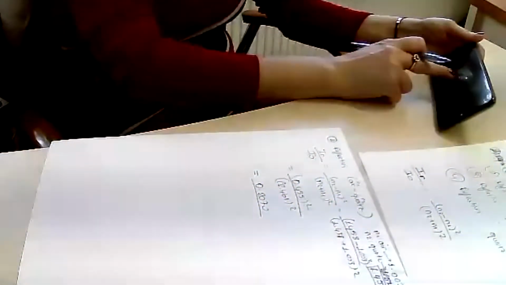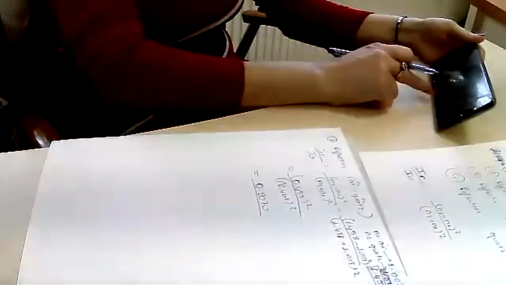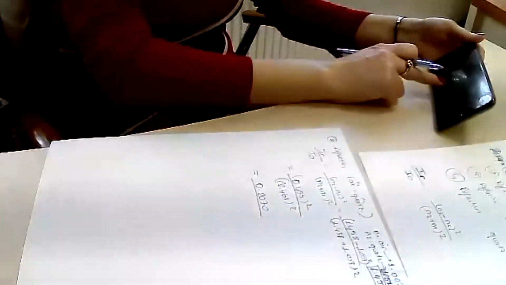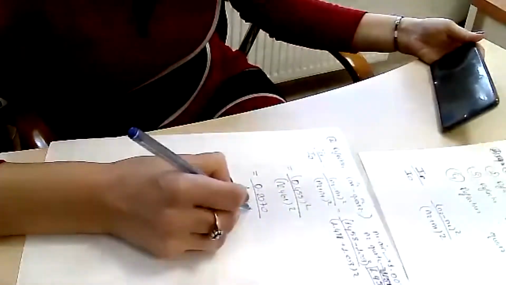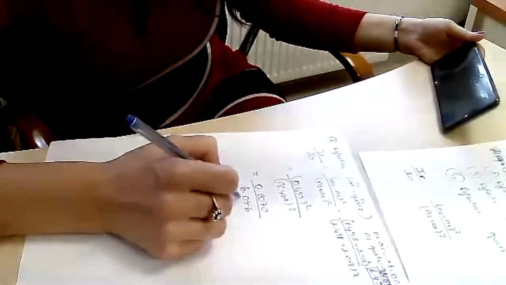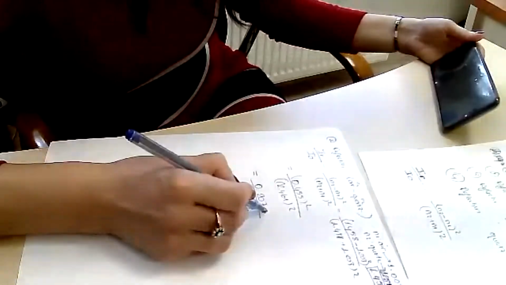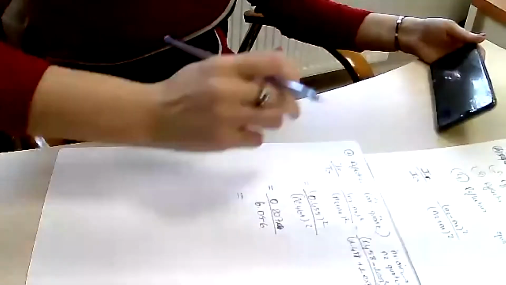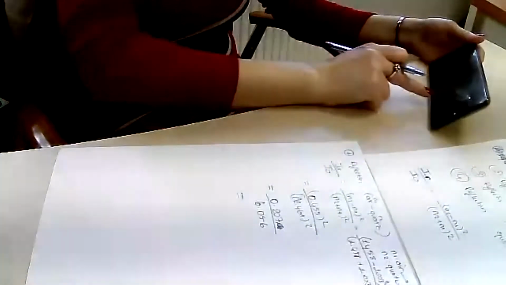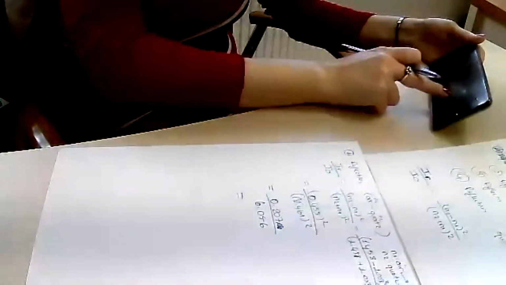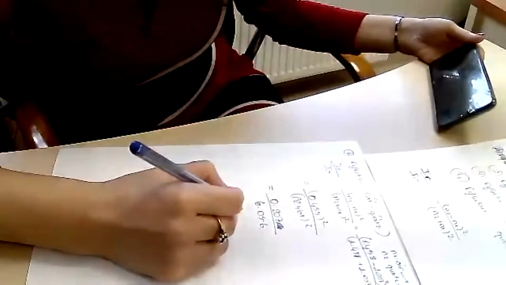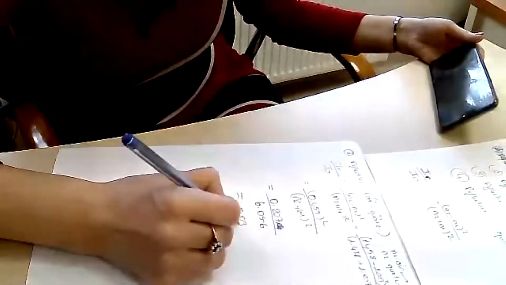Two point 461 square, and this is 0.024.